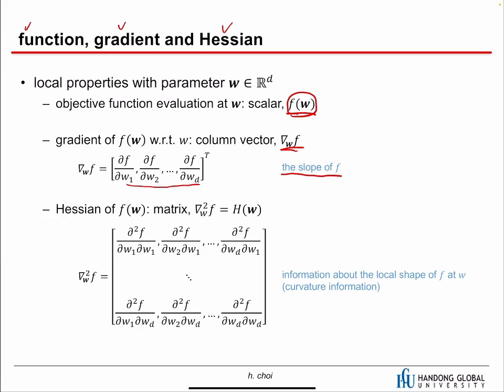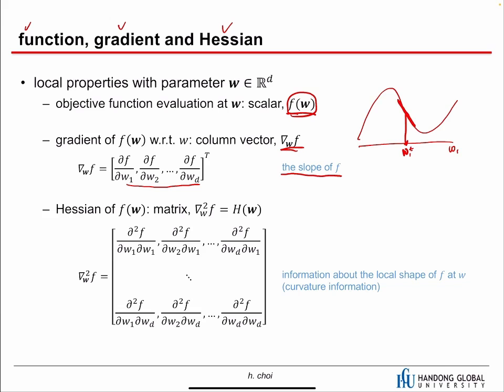So let's assume that we have only one parameter, w1. When the current parameter w1 is here, then we can take a derivative, which is the slope. That is a gradient.